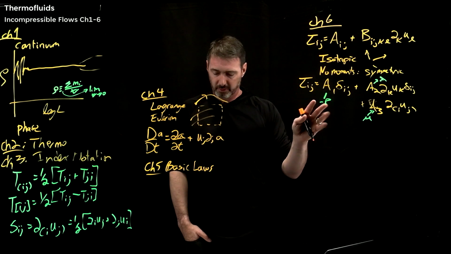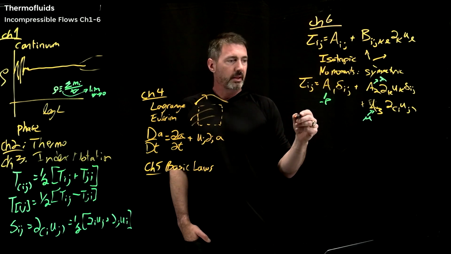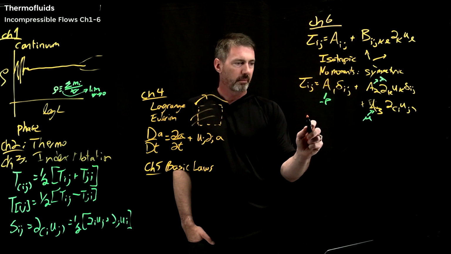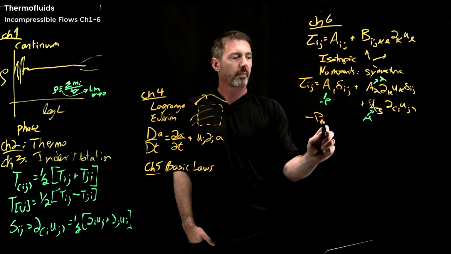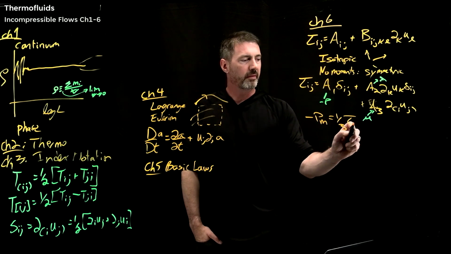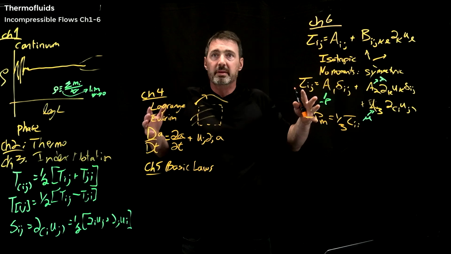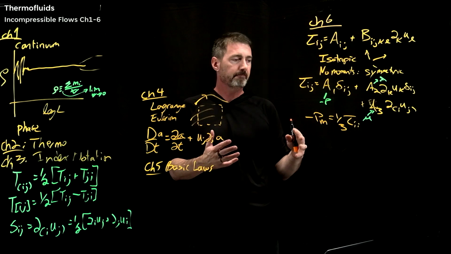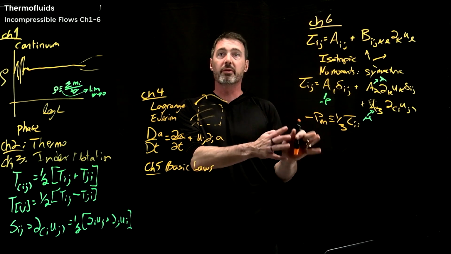But for simple fluids, what we then actually say is the mechanical pressure we would define as 1/3 of the trace of this stress tensor. Okay, that would just be the mechanical portion of it. So that's sort of the definition.